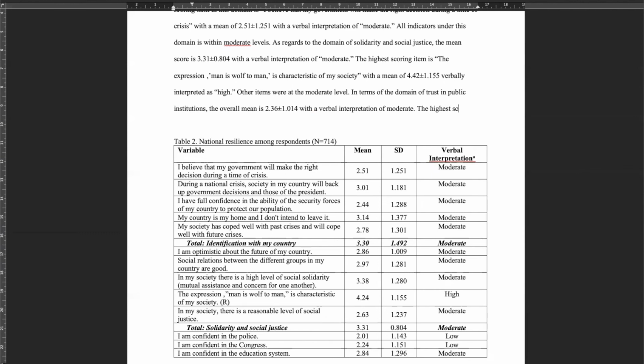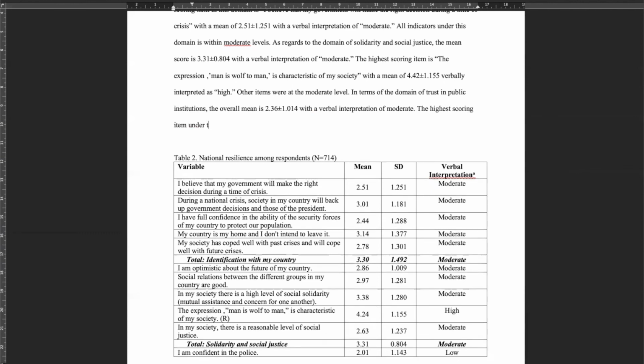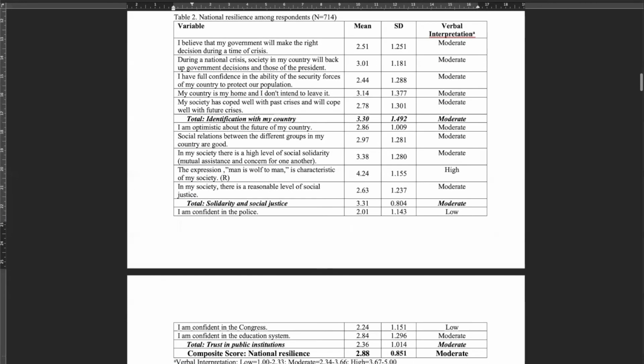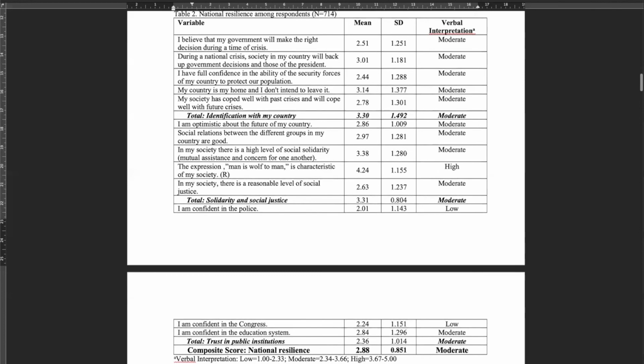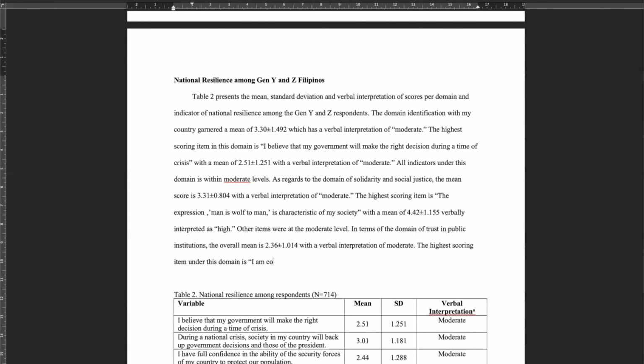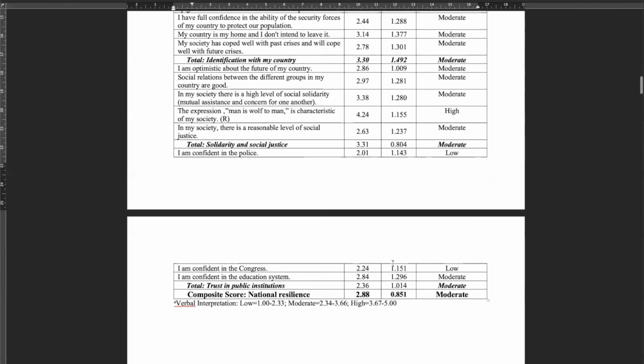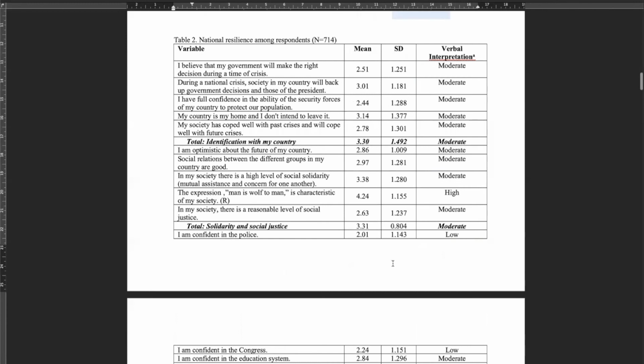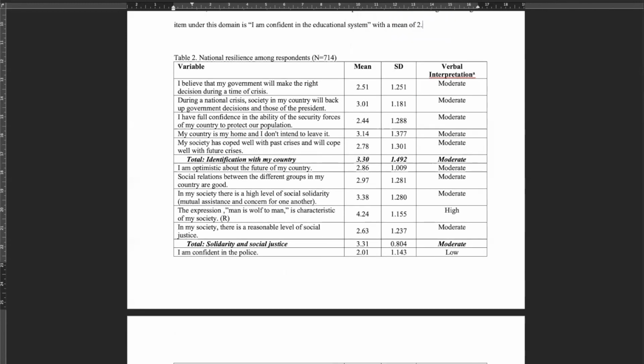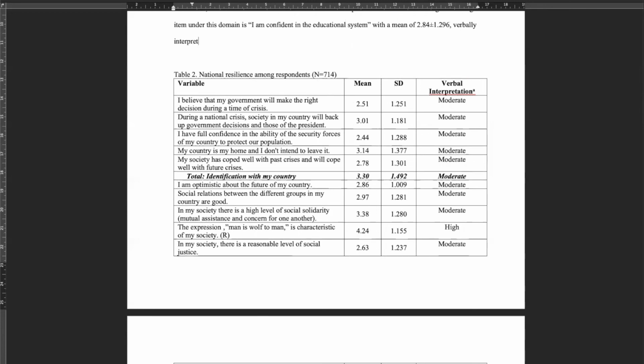The highest scoring item under this domain is "I am confident in the educational system," with a mean of 2.84 plus minus 1.296, verbally interpreted as moderate.